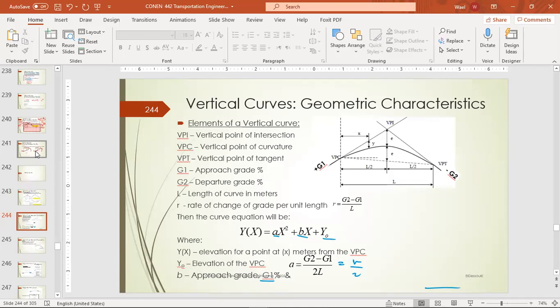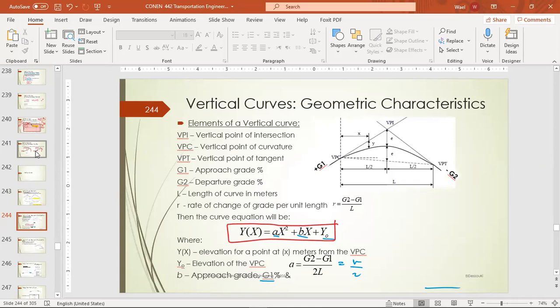Okay, before we go to that, there is a fundamental difference between vertical curves and horizontal curves. Vertical curves are a parabola, a second order equation, as we can see here. But the horizontal curves are part of a circle.